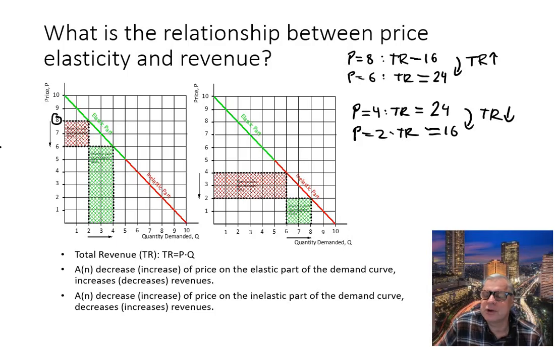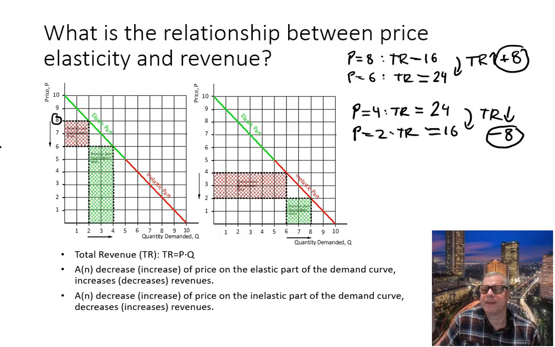Here total revenue goes up by plus 8, from 16 to 24. That's an increase of plus 8. And here it would be a decrease of negative 8. Okay, so where can we see that 8?